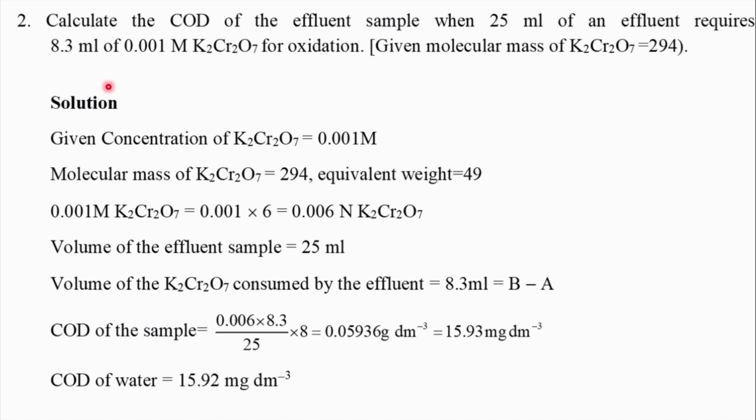So when it is given like this, the first step is we need to convert the molar solution into the normal solution. That is the reason the hint is given here, the molecular mass of K2Cr2O7.